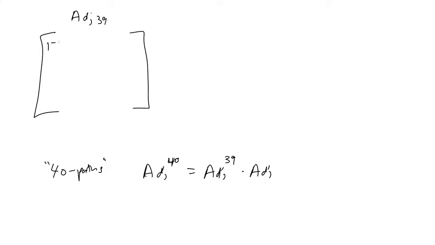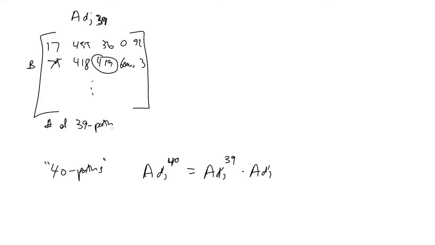Maybe this is 17, 455, 36, 0, 92, 75, 418, 419, 6 million, 3, etc. So basically, each one of these tells me how many ways I can go from B to C, say, in exactly 39 steps, right? So this is the number of 39-paths from B to C, from B to D, from A to B, from A to E, all those, it's exactly the same thing, right?